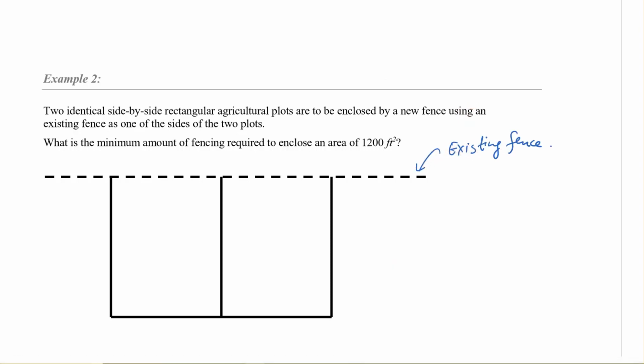And the new one that we are interested in is going to be our solid lines here. So all this is going to be the new fencing. And our goal is to find the minimum amount of fencing required to enclose an area of 1200 square feet.